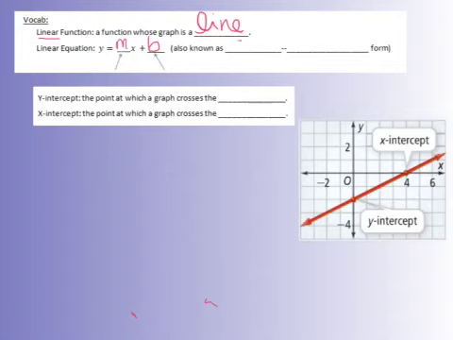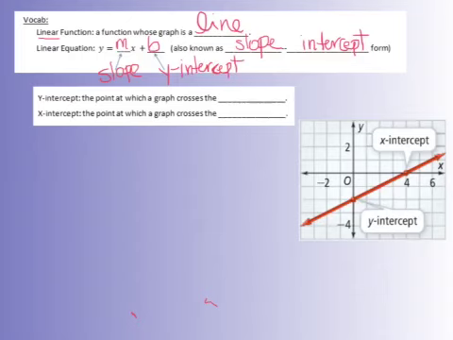And this is also known as slope-intercept form, where your m represents your slope and your b represents your y-intercept. So this is just one type of form that we can write linear equations in, slope-intercept form, which is represented as y equals mx plus b.